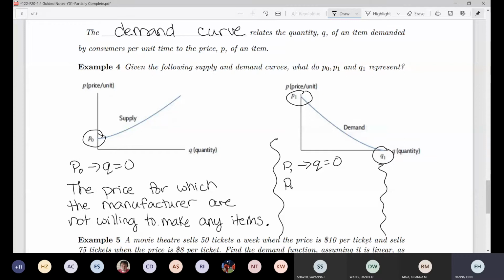So this is essentially the price for which consumers, that's usually the word used, will buy no products. And actually, no, Rihanna, this is exactly what we think it is. As price goes up, as you go farther up the y-axis, demand is smaller. So small demand means high price. So this is exactly what we were thinking.